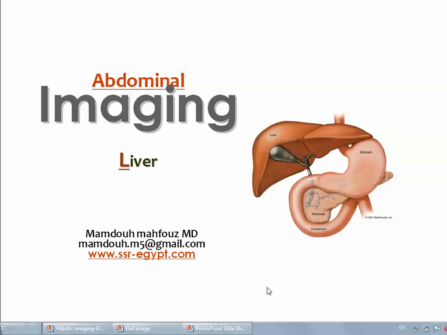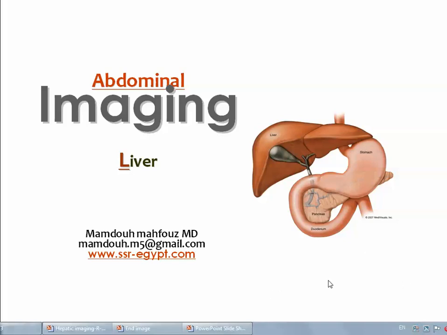We'll talk first about the imaging of the liver. Then we'll have a second talk about the biliary imaging, then pancreatic imaging, then splenic pathology, and finally we'll have a talk about the peritoneum, the peritoneal and the mesenteric pathology.